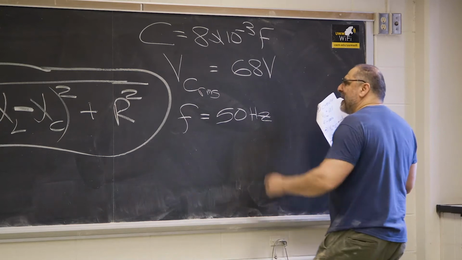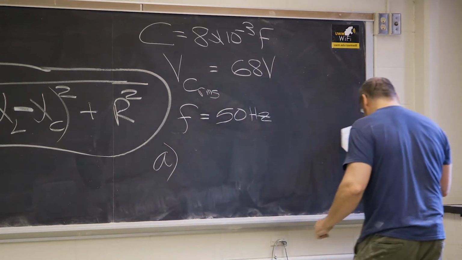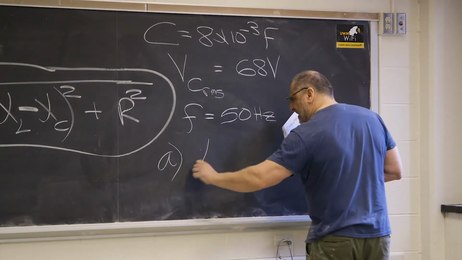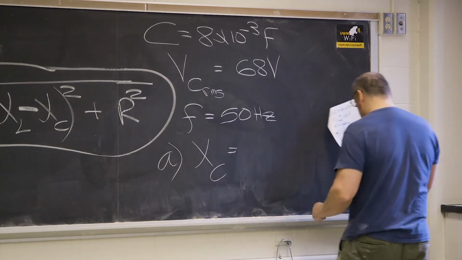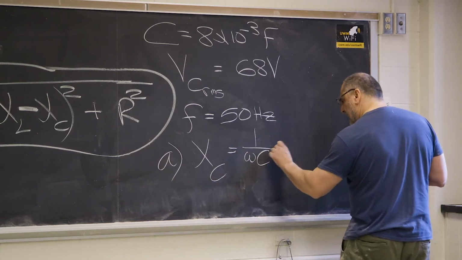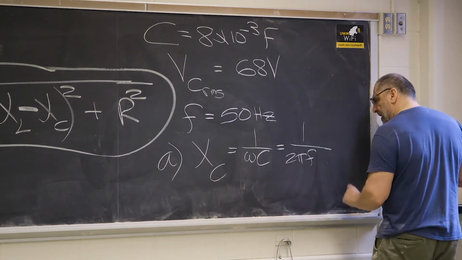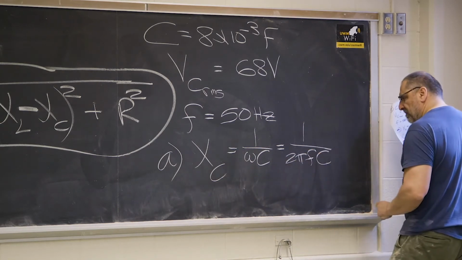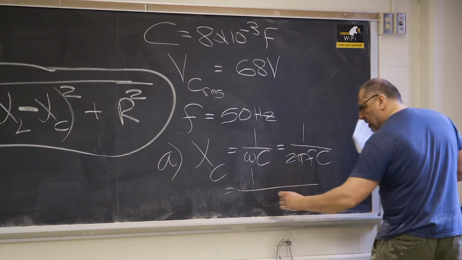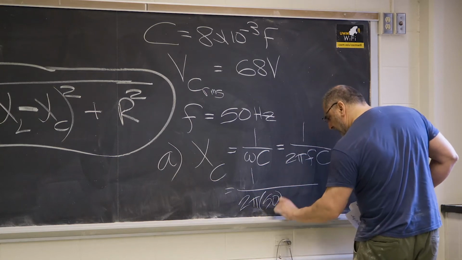Okay. Well, they gave us this. To talk about A, what is the capacitive reactance? You're going to go 1 over omega C, which is 1 over 2 pi F times C. C is the capacitance. F, they told us, is 50.